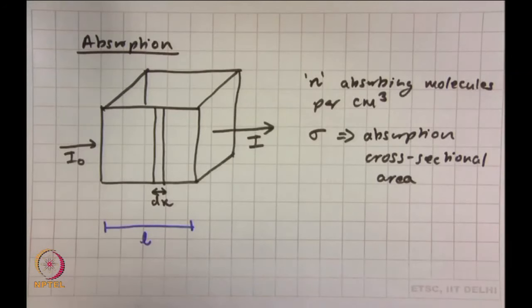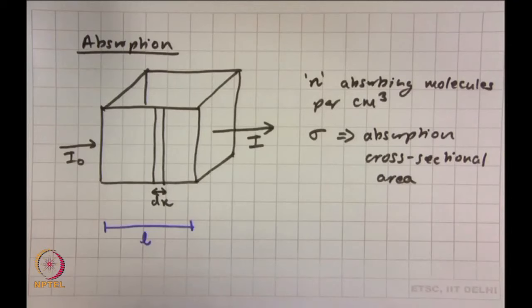Now, tell me, when you are going to have absorption, right. So, suppose you are hitting it with I 0, then the I comes out. So, that means if it is going to absorb, there would be a difference between I 0 and I, and that is going to tell you how much it is absorbed, right. So, suppose if I am looking at this infinitesimal element dx, then the corresponding intensity change say is di. Okay.